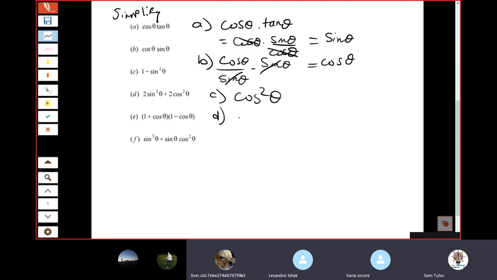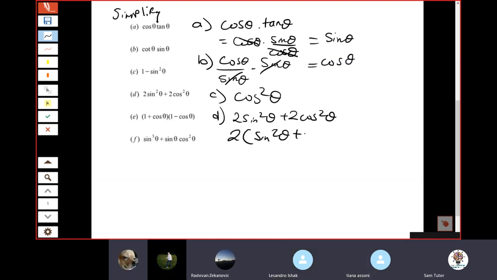D. 2 sine squared plus 2 cos squared. What do your gut instincts tell you to do when you see something like this? Take the 2 out, everything you've been doing in the last few weeks. Factorize it, take it out, and then just make it equal 1.